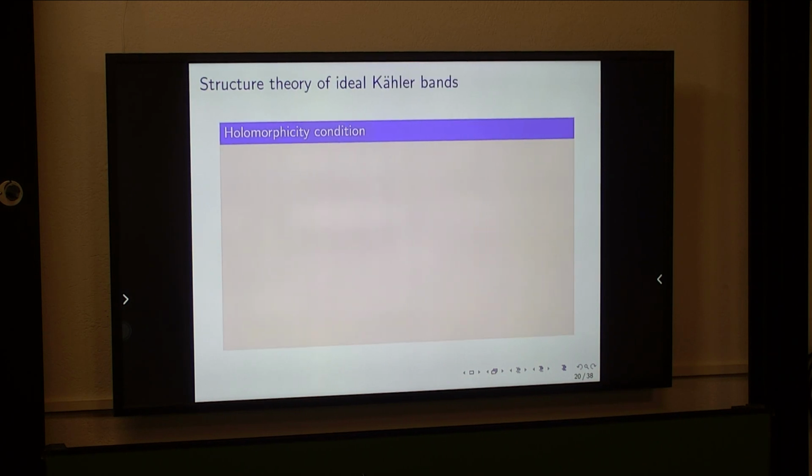Because we are in the holomorphic domain, I should talk a bit about structure theory, which is simpler. The holomorphicity condition in terms of these representatives u of k is written in this way here.